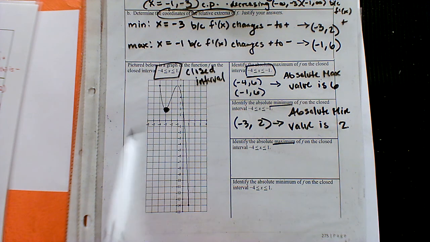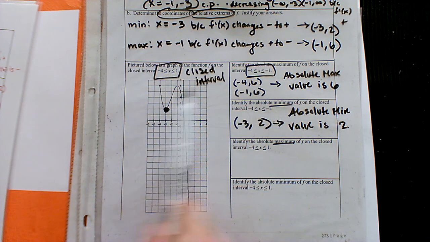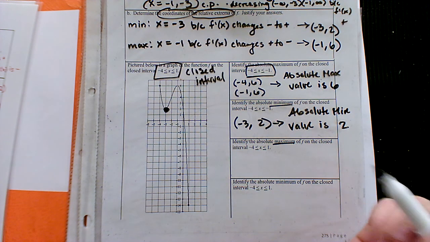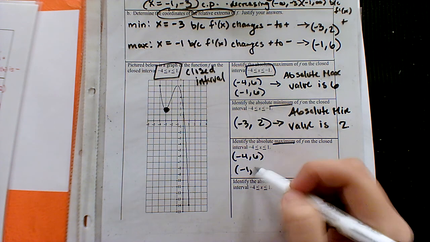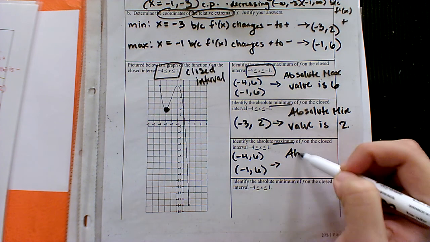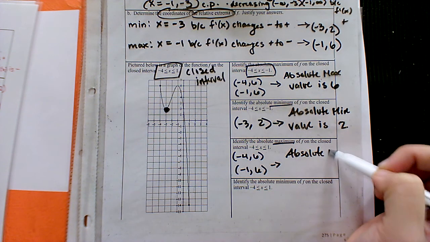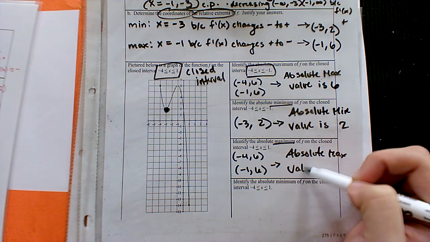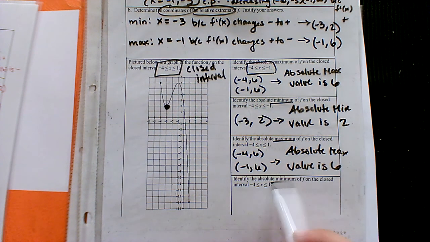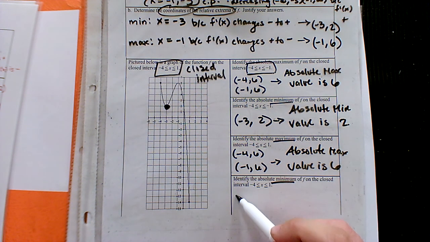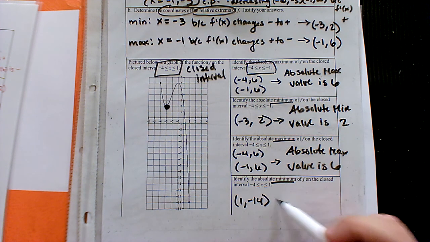Oh, all right. What about maximum on this -4 to 1 interval that they actually give us? Is it the same points? Yes, it is. Okay, so I'm not going crazy. Absolute max value is 6. What about the absolute minimum? 1, -14.